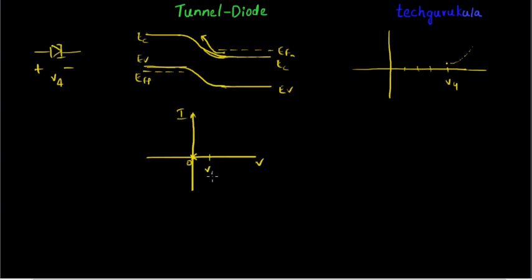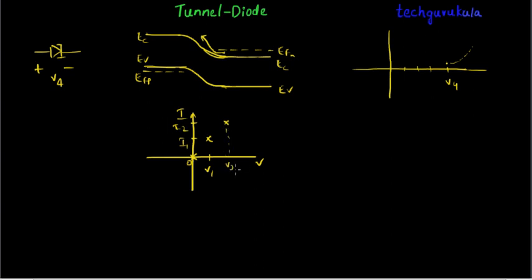When we applied V1, the overlap between those two energy ranges was finite but not maximum, so we saw some current I1. Then at V2, the overlap between the electron energy levels and hole energy levels was larger, so we had I2 for the corresponding V2.